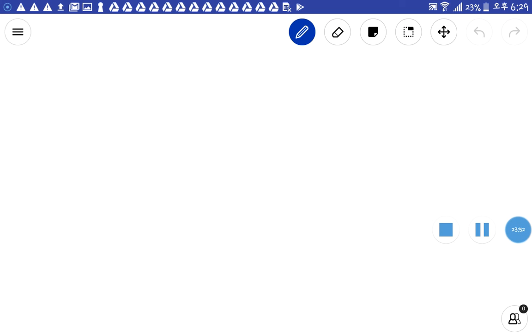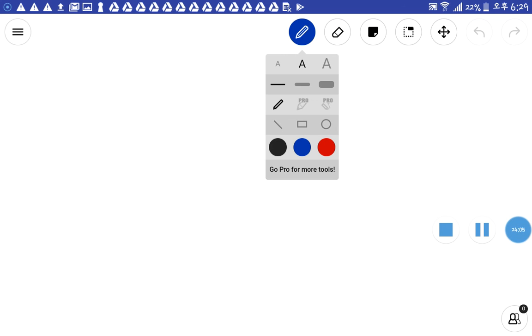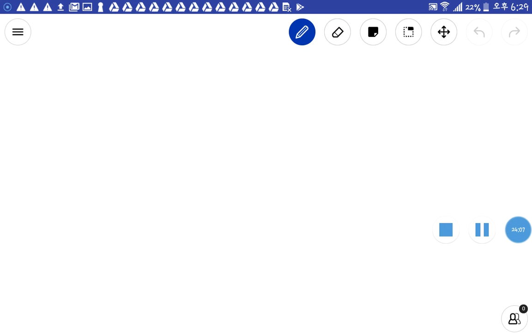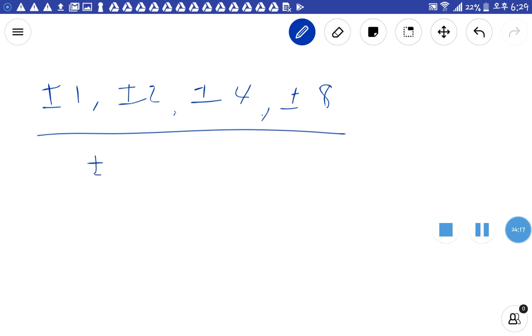Okay, since my board froze, I just had to restart it. So let me just start over from the list. So the factors of 8: plus or negative 1, plus or negative 2, plus or negative 4, plus or negative 8, over plus or negative 1 and plus or negative 3.